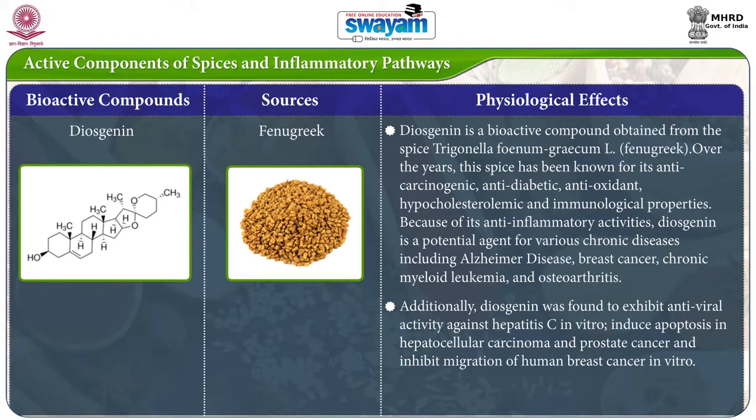Additionally, diosgenin was found to exhibit antiviral activity against hepatitis C in vitro, induce apoptosis in hepatocellular carcinoma and prostate cancer, and inhibit migration of human breast cancer in vitro.